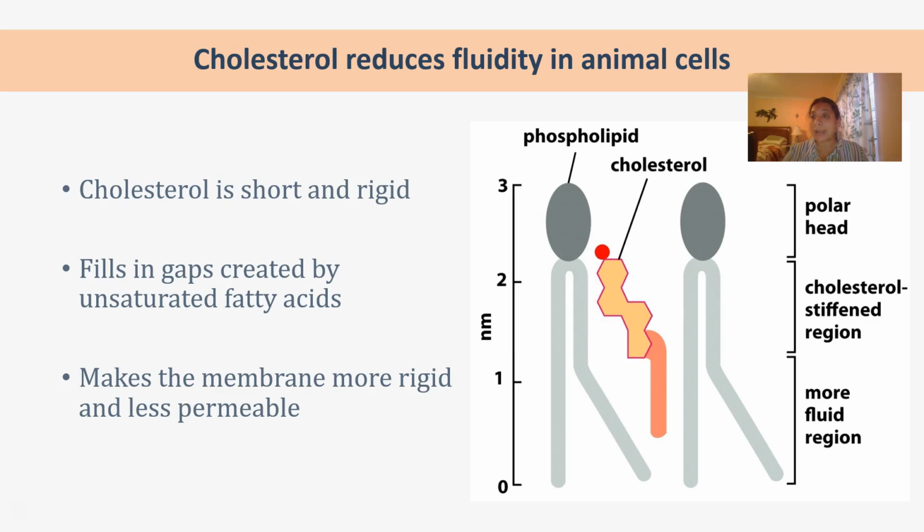Those areas are actually called lipid rafts. Those are areas that are going to be super saturated with cholesterol, not only cholesterol, but they're also going to be super saturated with transport proteins, helper proteins, and those are kind of signaling hubs.